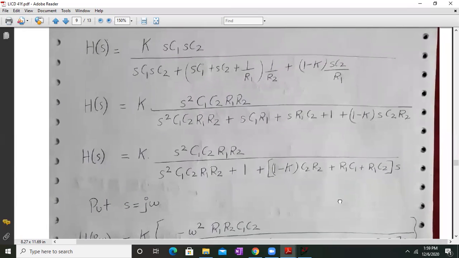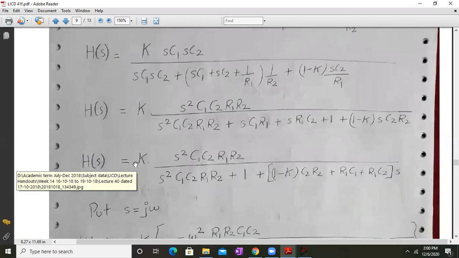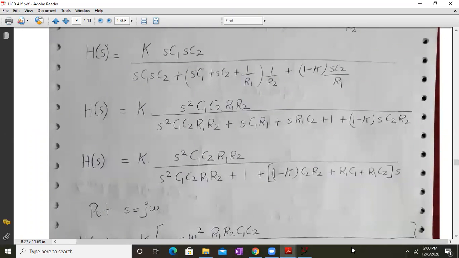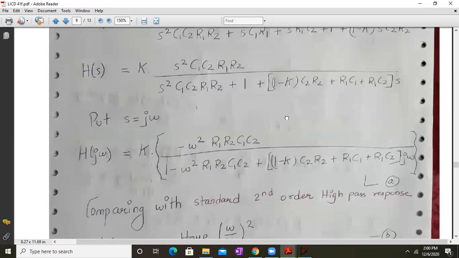Okay. So finally, H of s, if you solve it, you will get K times s square C1 C2 R1 R2 divided by s square C1 C2 R1 R2 plus (1 minus K) C2 R2 plus R1 C2 plus R1 C2, into the whole into s. Now we substitute s equal to j omega over here.